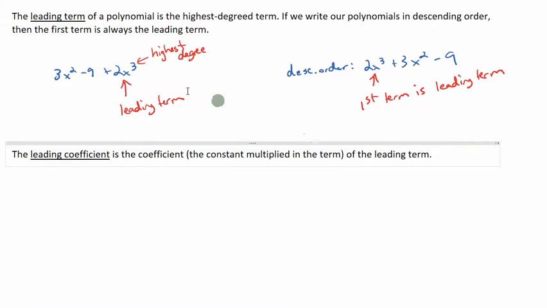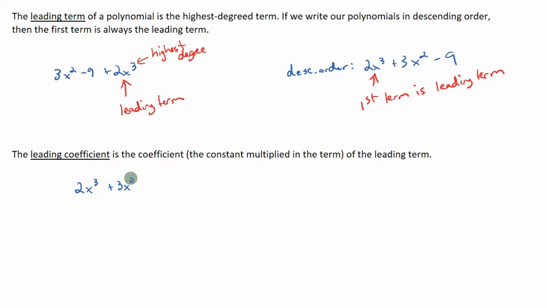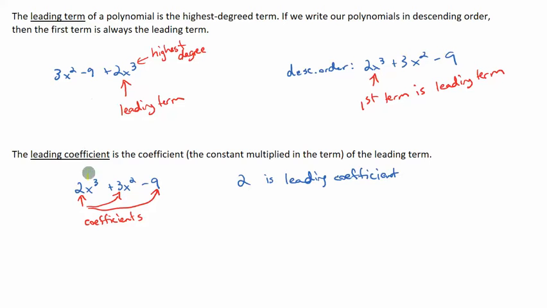So, in 2x cubed plus 3x squared minus 9, the 2, the positive 3, and the negative 9 are called coefficients. Okay, because they're the constants that are multiplied by the variable terms. Okay, and then 2 is the leading coefficient because it is the coefficient of the leading term. The leading term is 2x cubed, and 2 is the coefficient of the leading term.